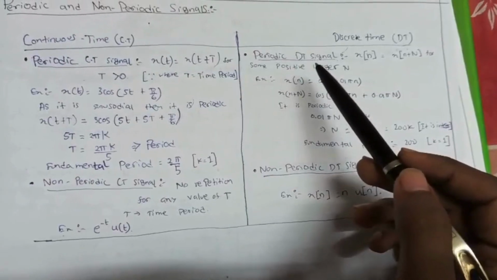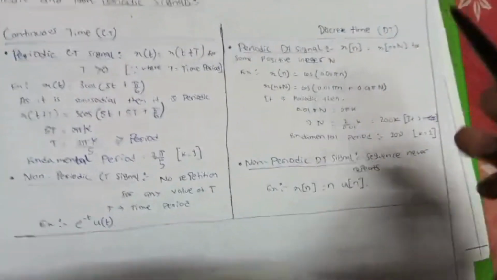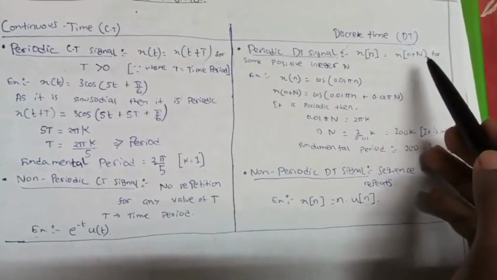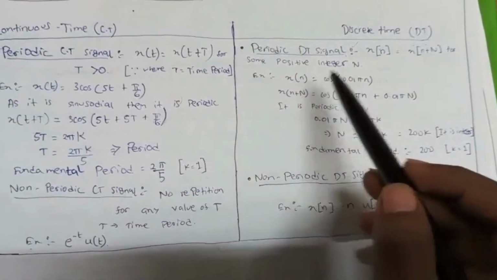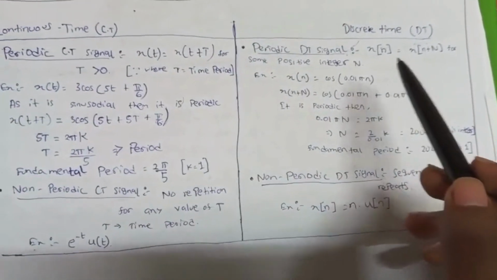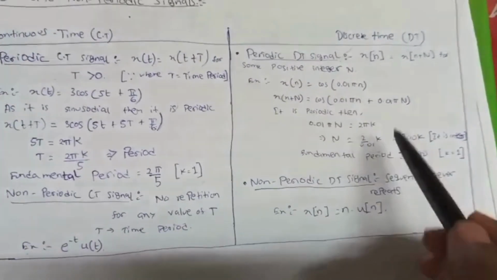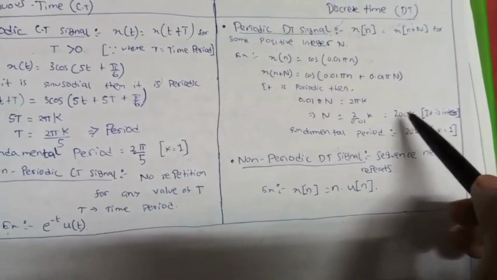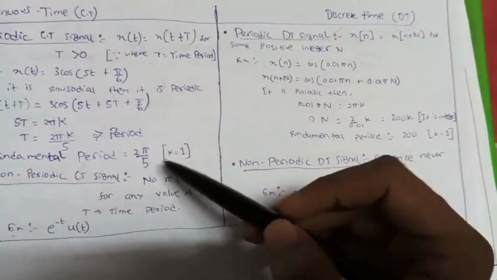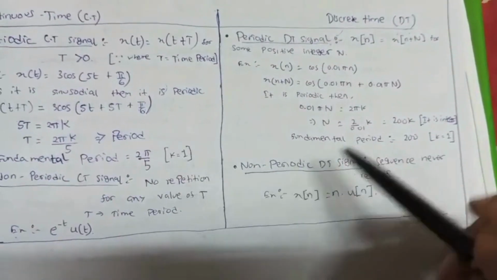For periodic discrete time signal, x of n equals x of small n plus capital N for some positive integer N. Same thing, but the main difference is that this N value will always be a positive integer, not a fraction or decimal.